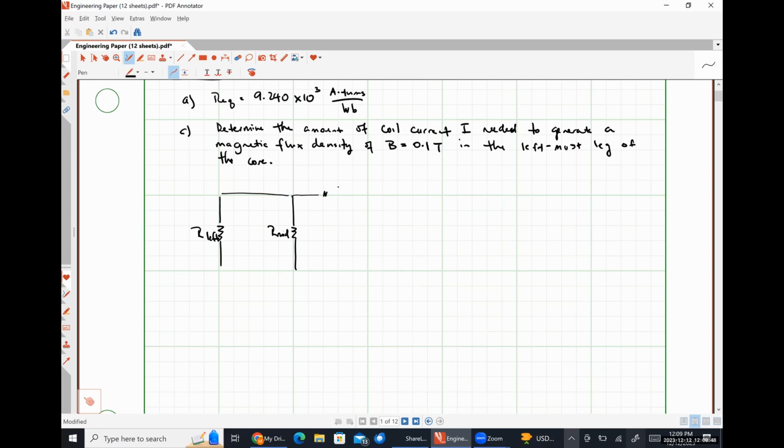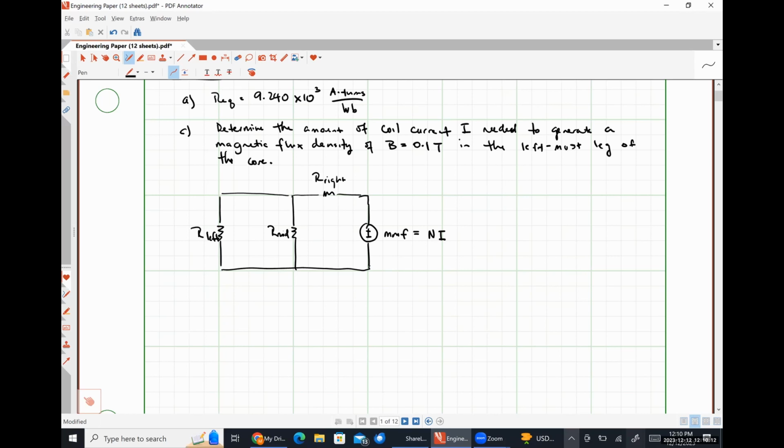And over here, we have the reluctance of the right leg. And it's effectively in series with our MMF source, where our MMF is just N times I. And I is the coil current that we're actually looking for, okay?